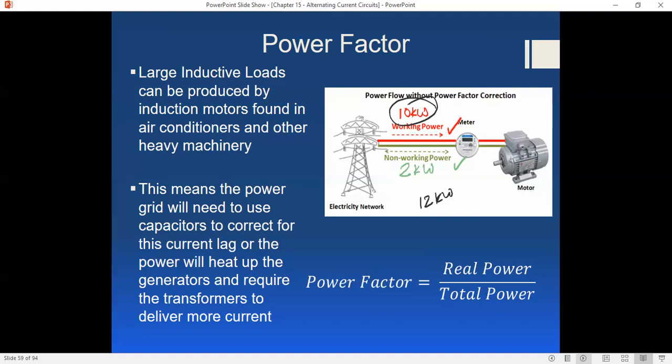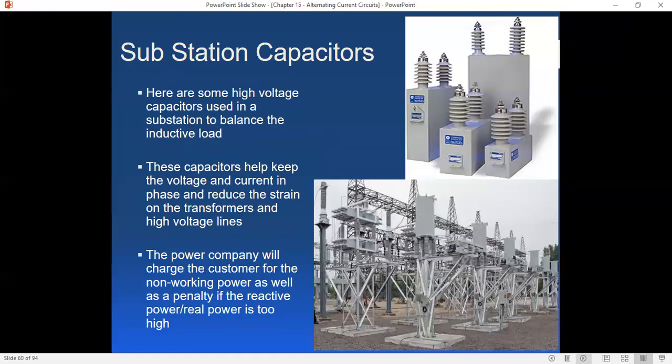Same with the substations. So many grid operators will surcharge the power users if they have a really poor power factor, because they end up sending too much energy back.